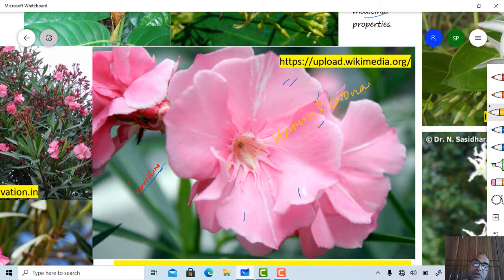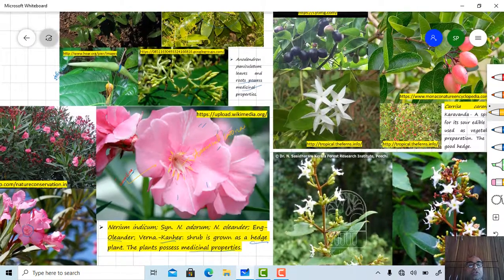And these are the appendages or scale-like structures present in the throat region of the corolla. They are called corona, corolline corona. So this is about the Nerium indicum plant.